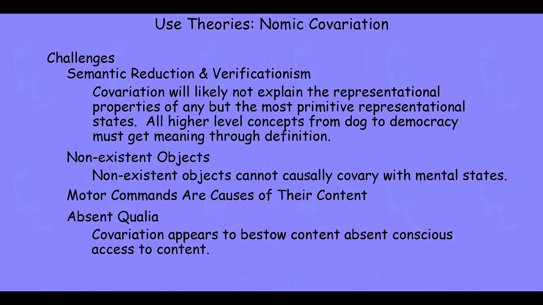Hence, some critics of gnomic covariation point to this feature of covariation and argue that covariation appears to bestow content absent conscious access to content, and hence it fails to give or guarantee conscious access to the contents of representational states. In the next lecture module, we'll turn our attention to the most talked about objection in the literature, that of the disjunction problem.